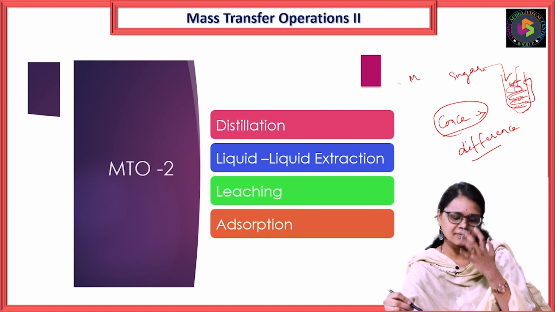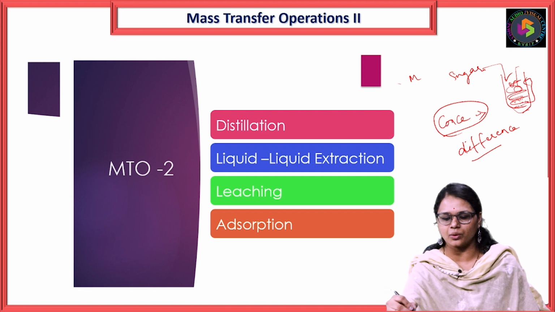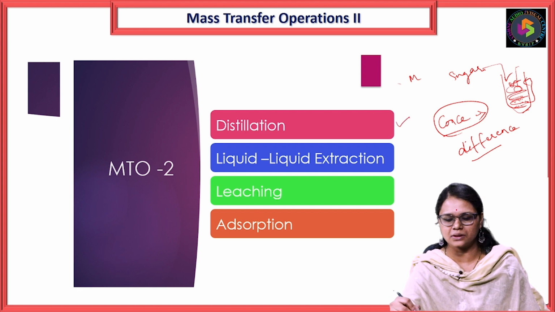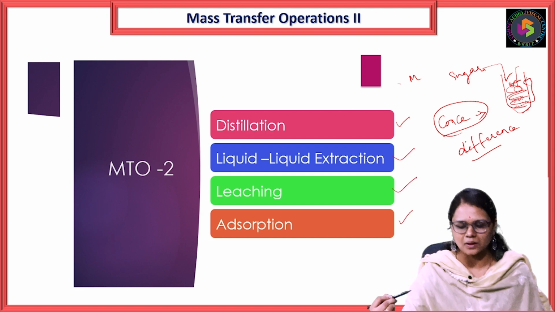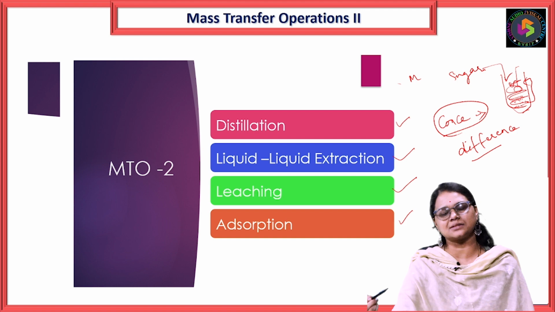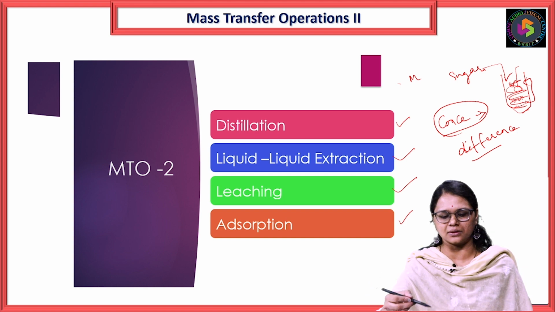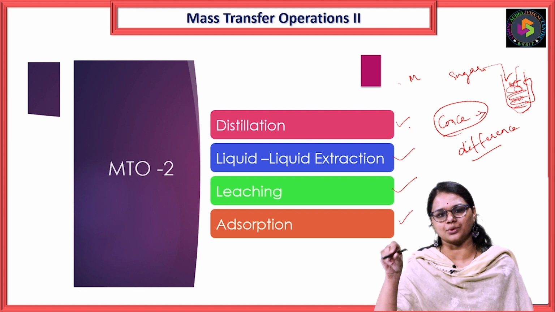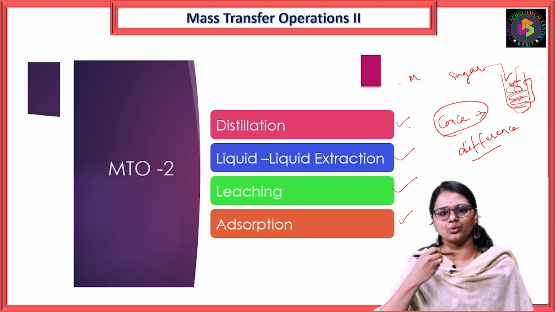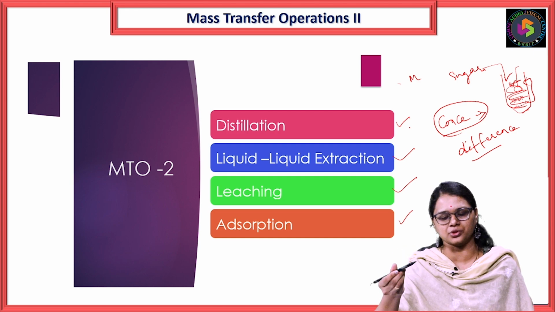In the coming sessions, we'll be talking about distillation, liquid extraction, leaching and absorption. Depending on the different types of phases involved, we'll go with different kinds of operations. Basically, these four are all separation techniques. That's why mass transfer 1 is different from mass transfer 2. Mass transfer 1 talks more about gas phase separation, where we'll be doing absorption.